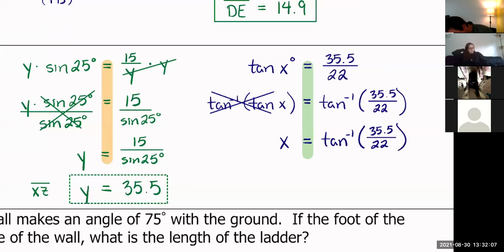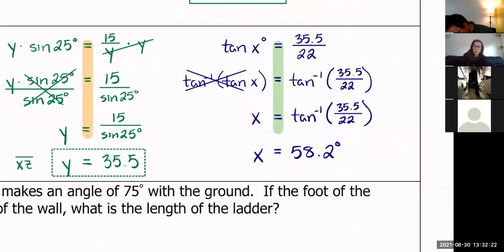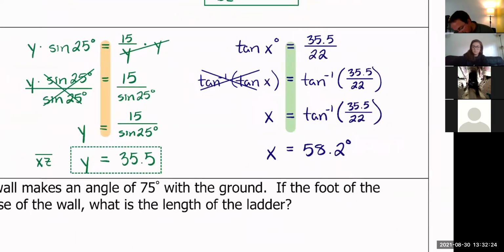So I go for my calculator here. 58.2. So that's 58.2 degrees, which I need to remember back in the context of my problem, that was the measure of angle W equaled my X, which equals 58.2 degrees.